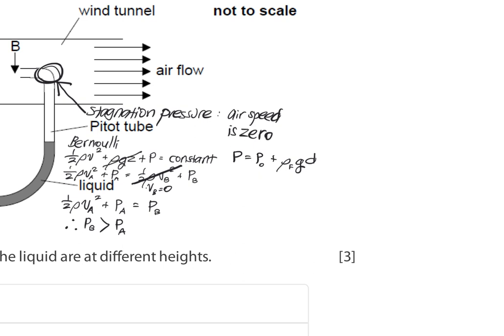And so really the pressure at B is equal to the pressure at A plus the density of the air, where the density, sorry, that's the density of the water, it's the density of the liquid.